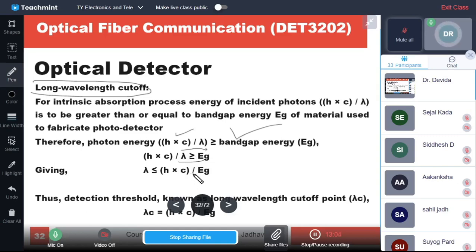So this is the condition to get the photon detected. So lambda, which has the value Hc upon Eg, is the cutoff wavelength. Okay, Hc upon Eg. So this is the cutoff wavelength.